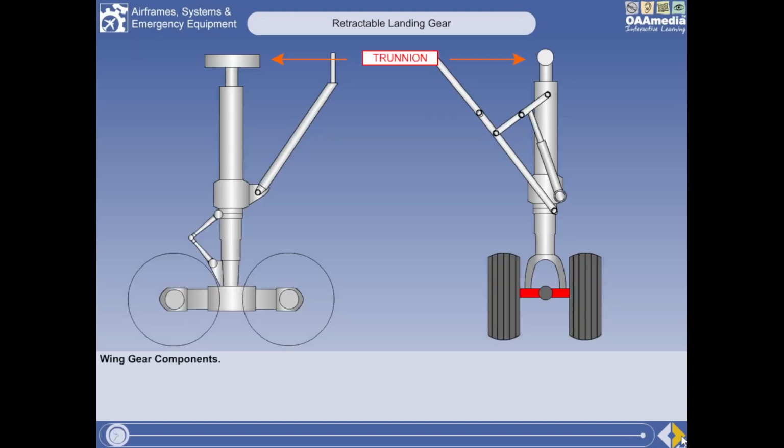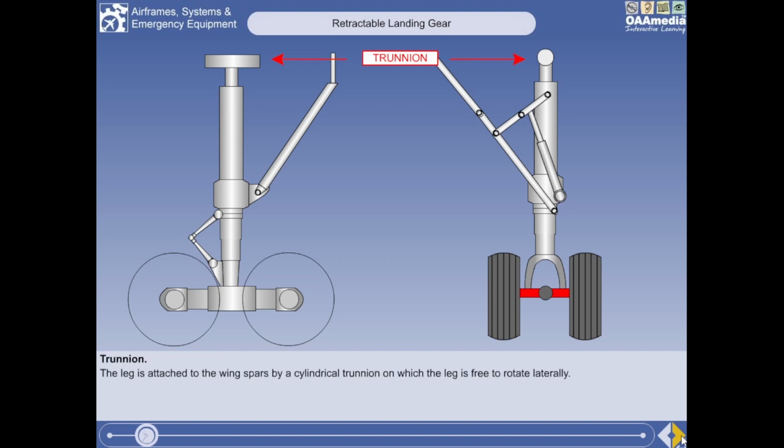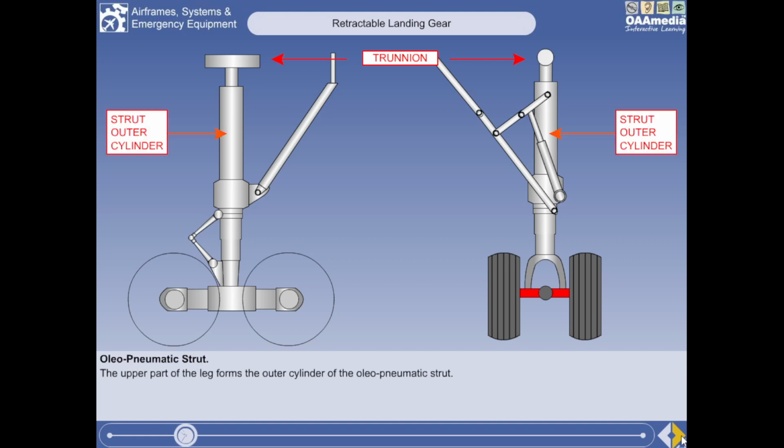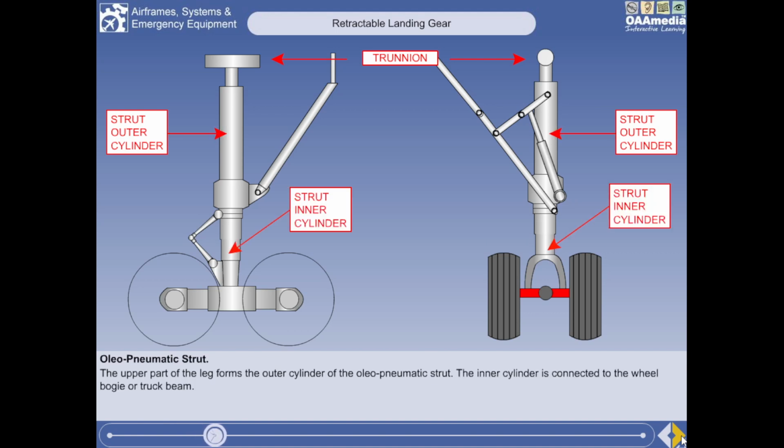The diagram here shows a typical large aircraft retractable wing gear. The leg is attached to the wing spars by a cylindrical beam or trunnion on which the leg is free to rotate laterally. The upper part of the leg forms the outer cylinder of the oleo-pneumatic strut. The strut inner cylinder is connected to the wheel bogie or truck beam.